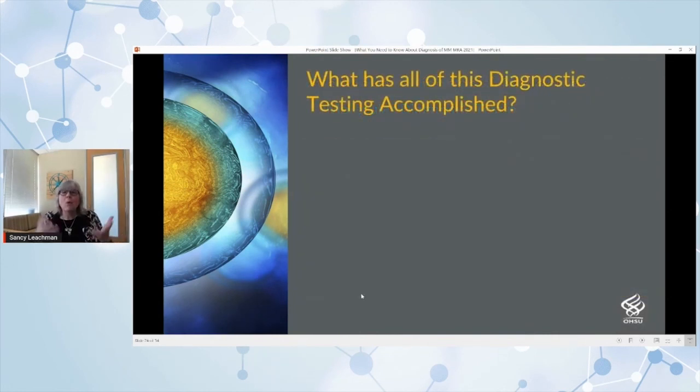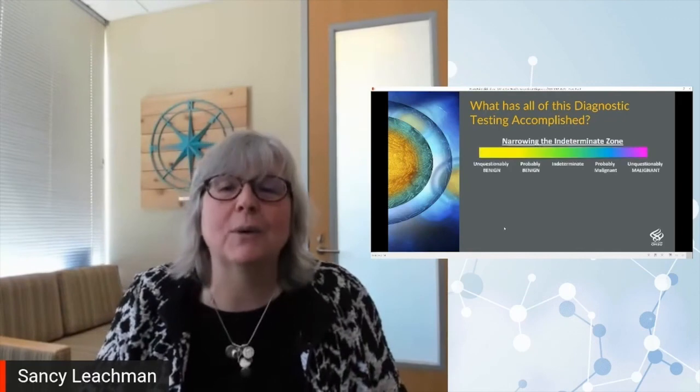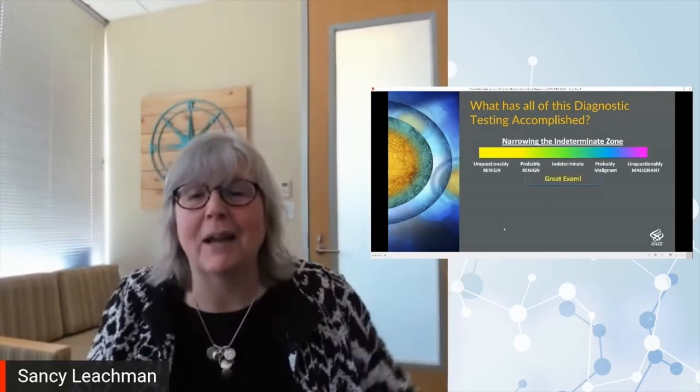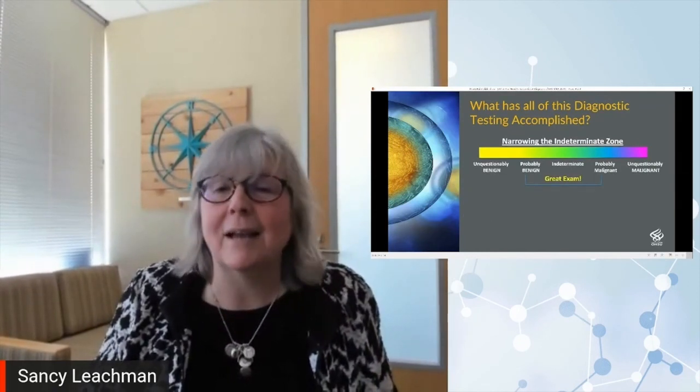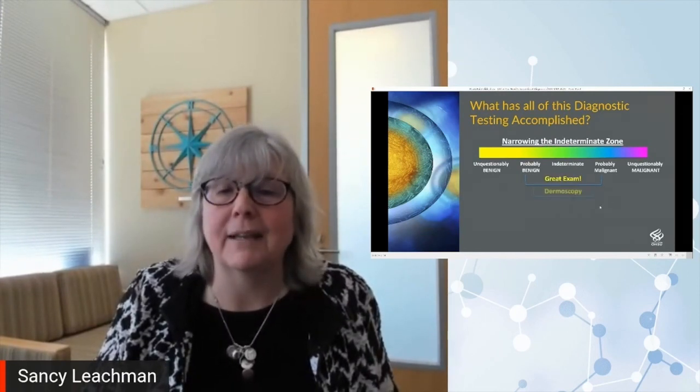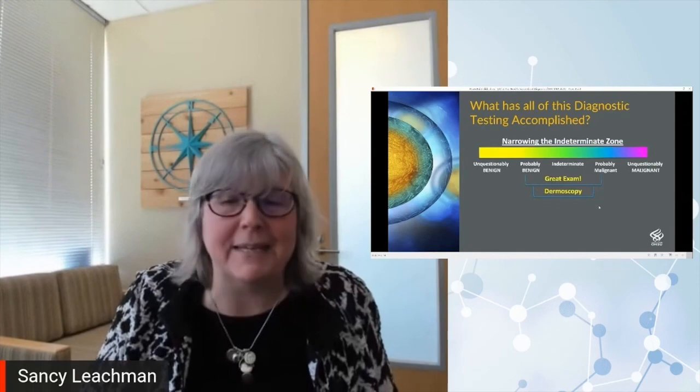So you might say, well, what have we accomplished with all of this science, all of this technology? What in the heck? We still have an indeterminate zone. But I want to point out what's happened, because in ancient history with respect to melanoma, all you had was a great exam. And with the exam you really cannot tell the probably benign from the probably malignant. We've got dermoscopy now.